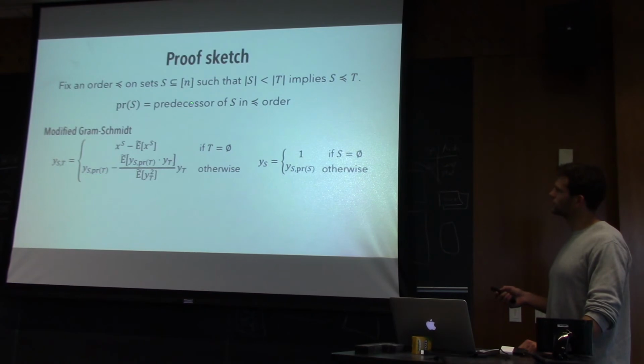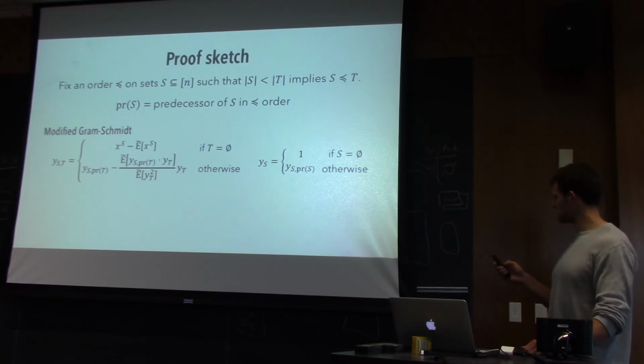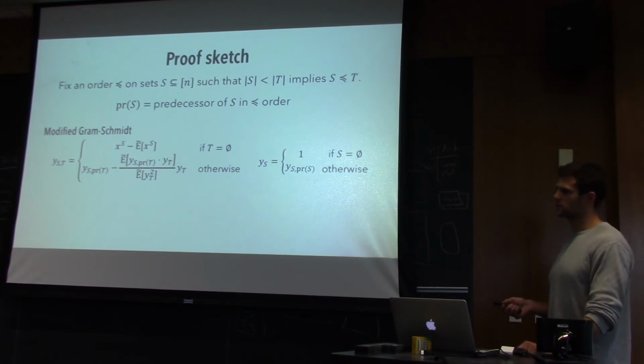If you're trying to figure out the Gram-Schmidt function corresponding to monomial XS, you start by orthogonalizing against just 1. Then from there, you take what you've done so far and orthogonalize against the next one. You iteratively do that, and in the end you have orthogonalized against everyone you've already looked at, and that's what you end up with as your function. This is just rewriting what Gram-Schmidt looks like.